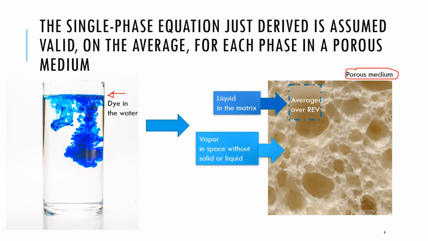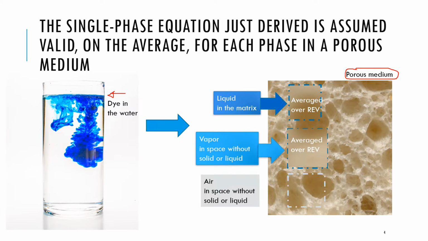Likewise, we talk about vapor in space without the solid or the liquid, also averaged over its representative elementary volume, and the air in the space without solid or liquid is also averaged over its representative elementary volume.